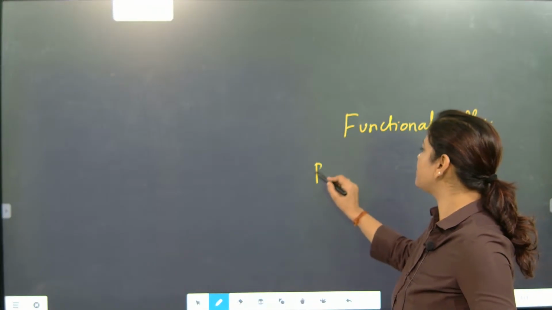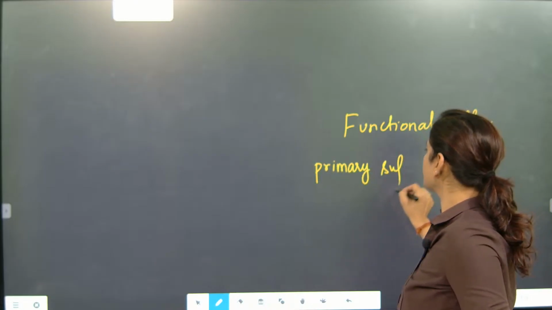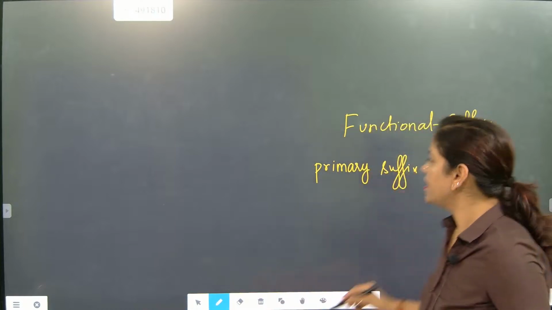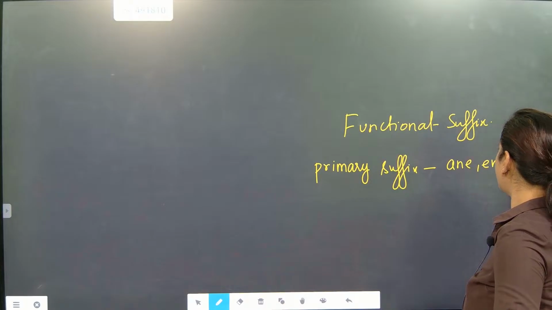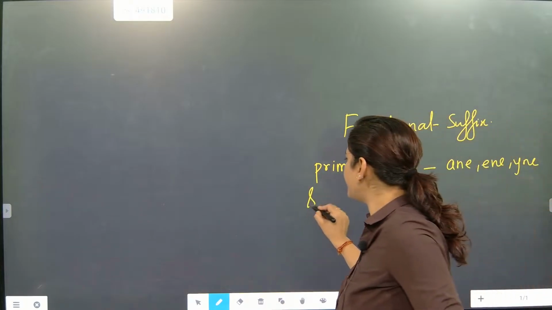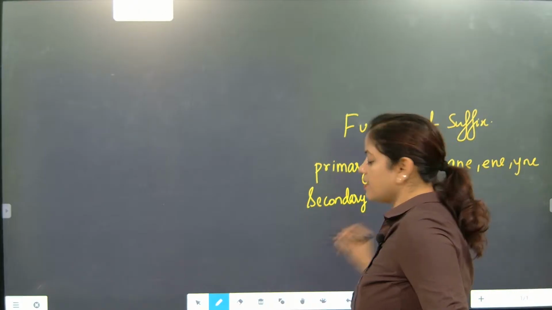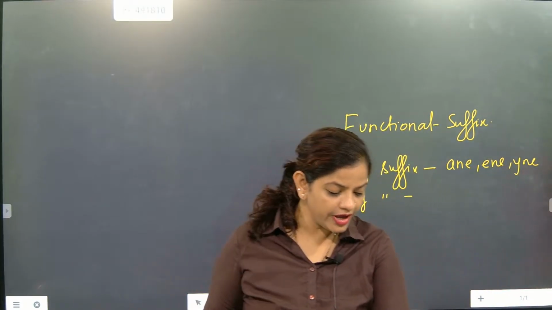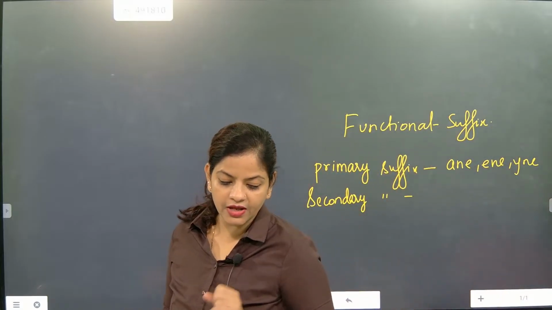The primary suffix is en. The secondary suffix comes from the functional group. Understood? The secondary suffix comes from some functional group. Remember very nicely. Hello Abhinay.